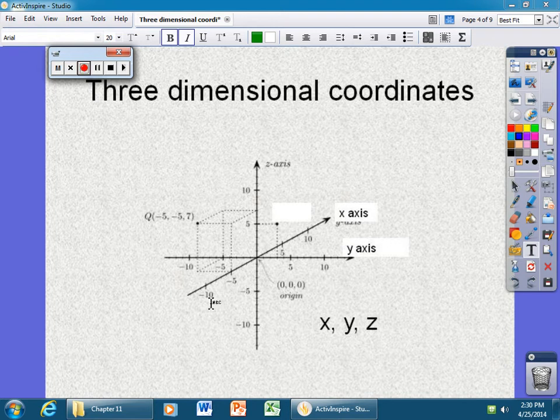So you notice both of these are over here in the -5 region, and then the z is in the positive region because that's our up and down distance. It's very difficult to plot these points on a two-dimensional plane or on a piece of graph paper because it is a three-dimensional concept. So I will not be asking you to actually plot points, but you do need to understand where the z-axis comes from.